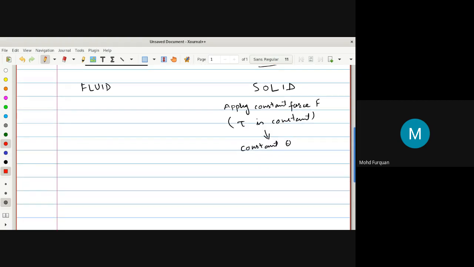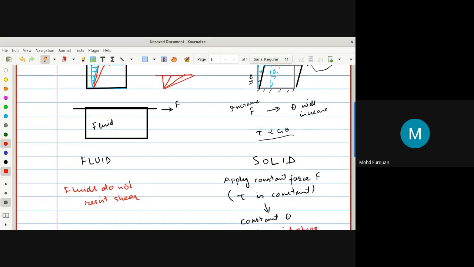So we say solids resist shear. Fluids do not resist shear. Why am I saying this?